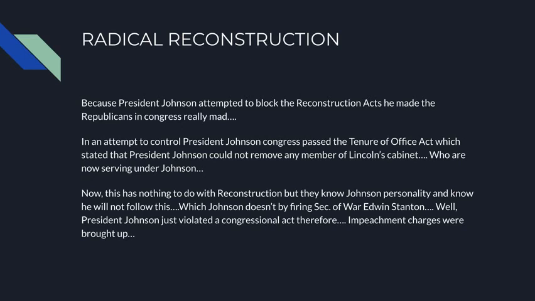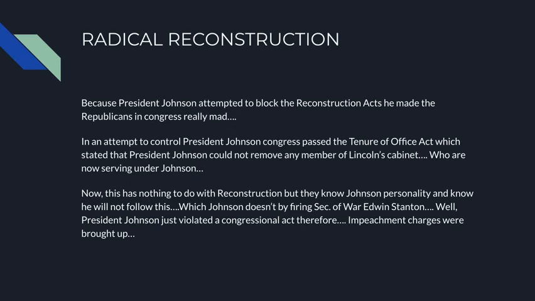In an attempt then to try to control President Johnson, Congress then passed what's known as the TOA, or the Tenure of Office Act, which stated that President Johnson could not remove any member of Lincoln's cabinet who are now serving under Johnson. Has nothing to do with Reconstruction, has nothing to do with the Civil War or anything.